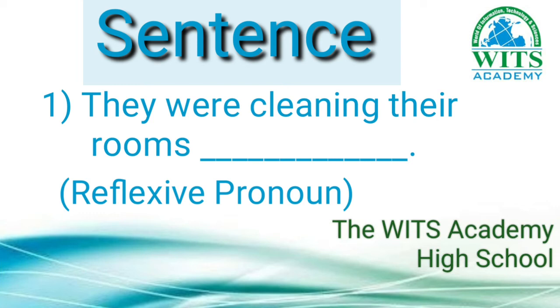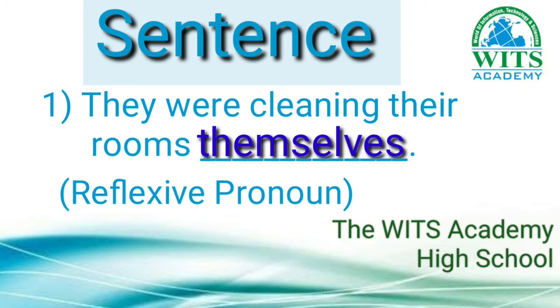I told you that the object in a sentence refers to the same person as the subject. It means we will see the subject. In this sentence, our subject is they, so the reflexive pronoun of they will be themselves. It means here in this blank we will put themselves.